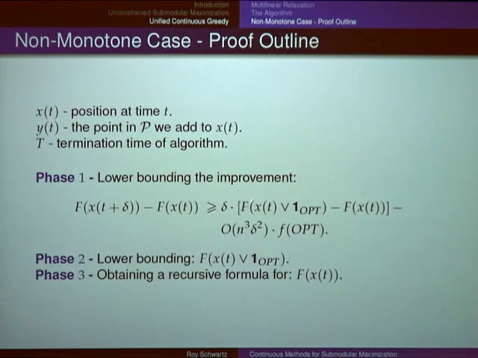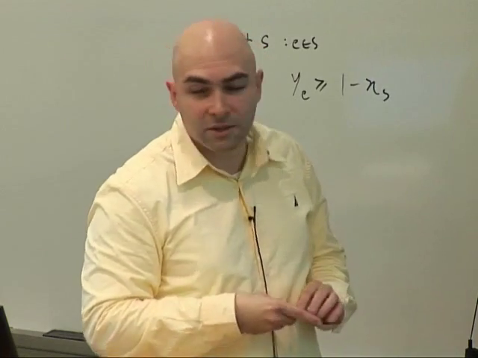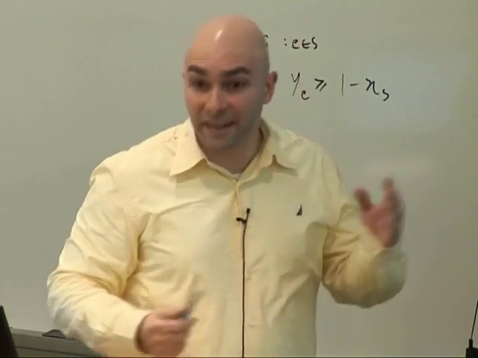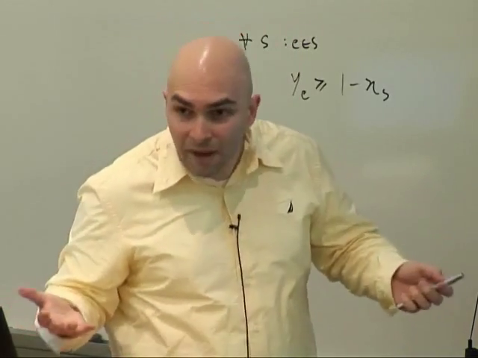We gain something that depends on moving in the direction of up. If you're currently in this position and you had moved in the direction of up, this is how much you would have gained. But we moved in a better direction, which is the best one, and so on.